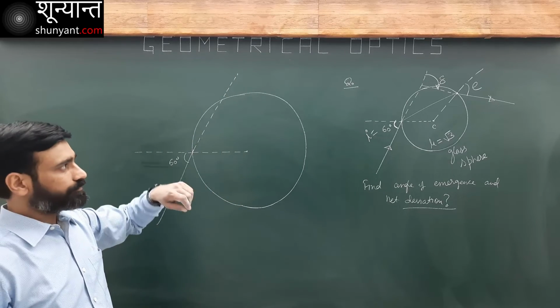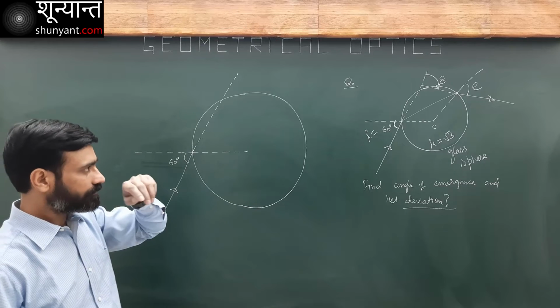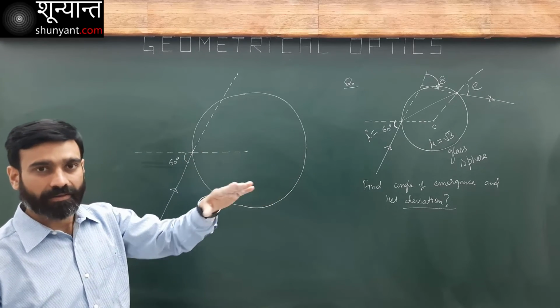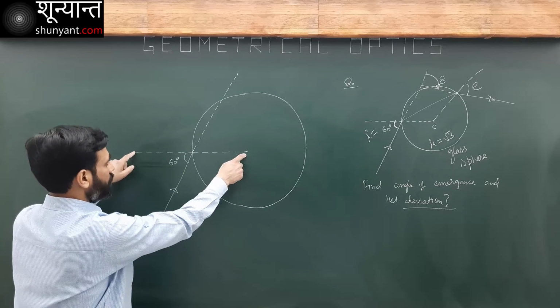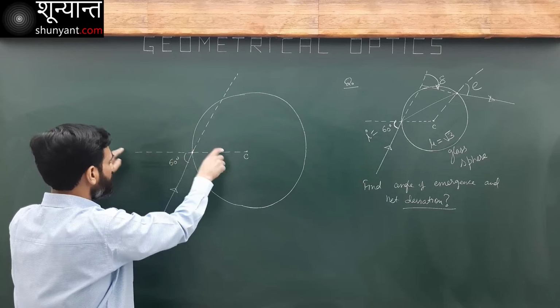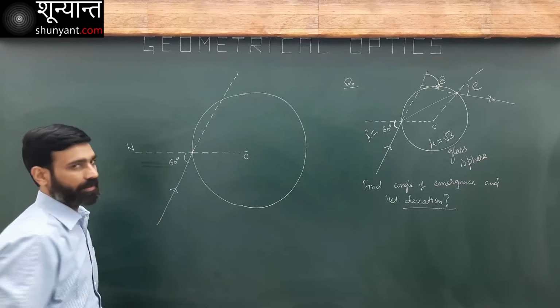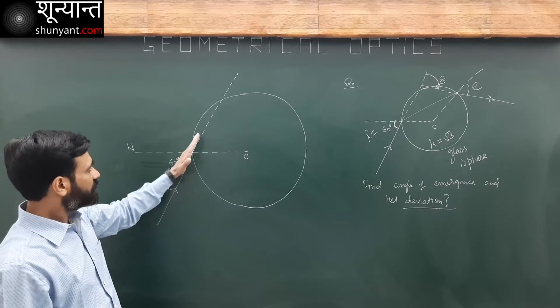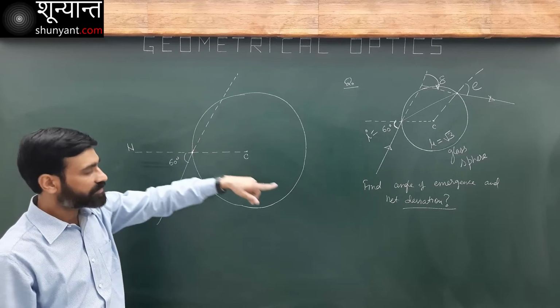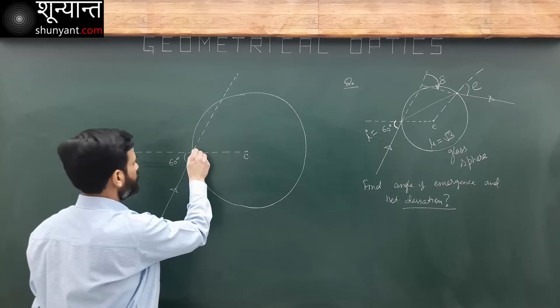Outside is air. It enters into a denser medium. It is going to bend towards the normal. This is normal, the center joined with this point of incidence. This line becomes the normal. This is the original path. It is going to bend towards the normal because it enters a denser medium. It is going to bend like this.